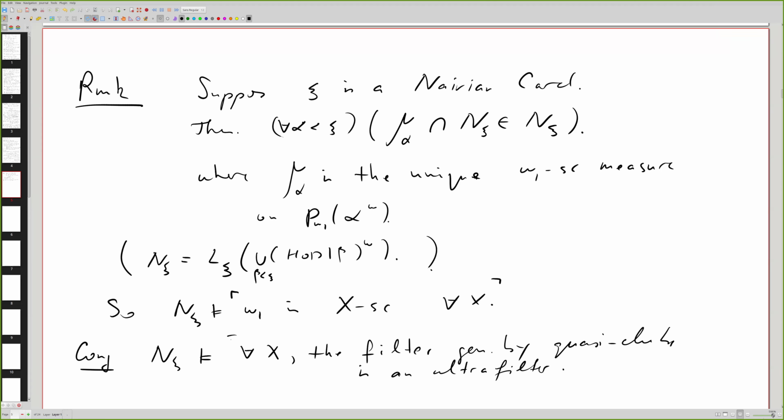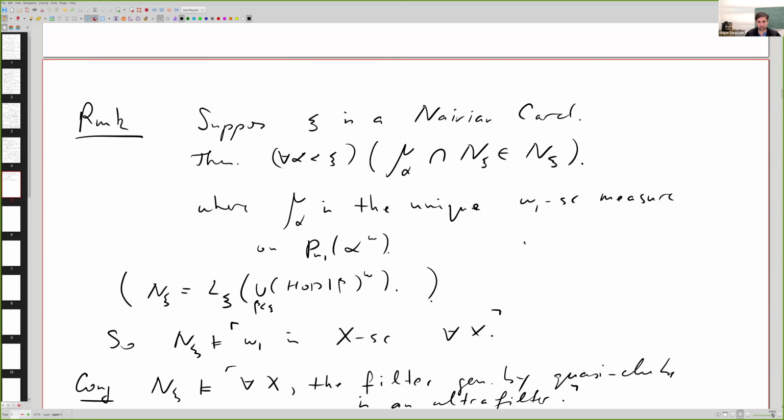But why can it not reflect this second statement in N psi while it can the first? Because the quasi-clubs are not ordinal definable.